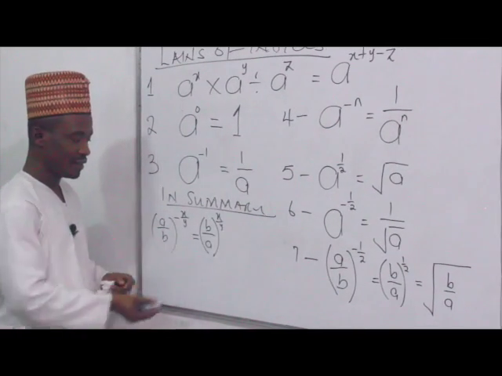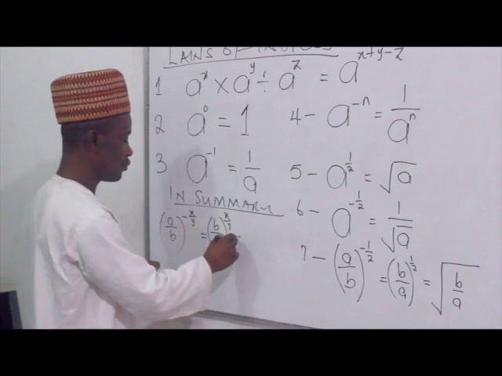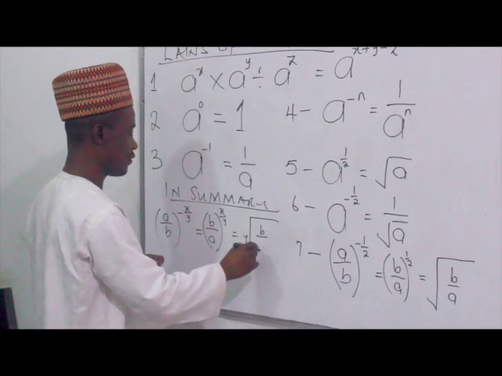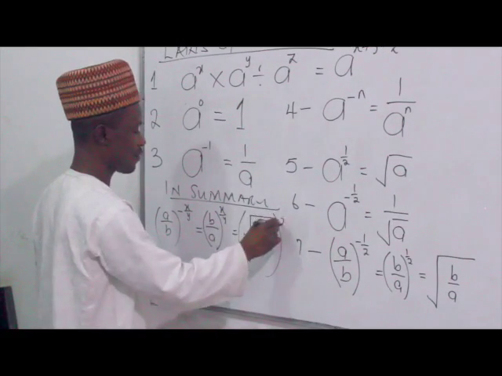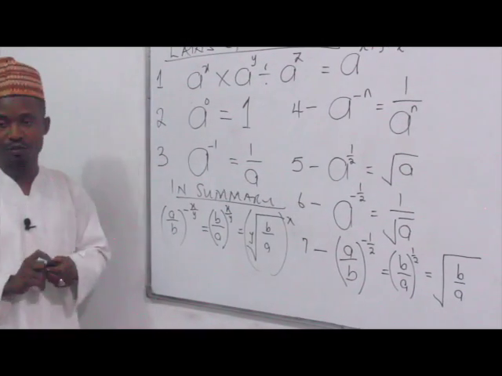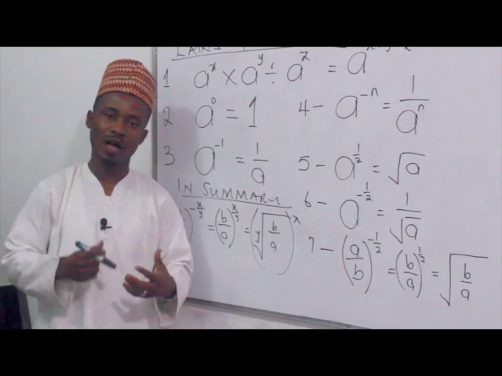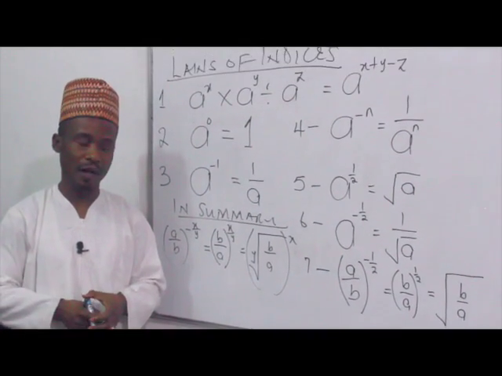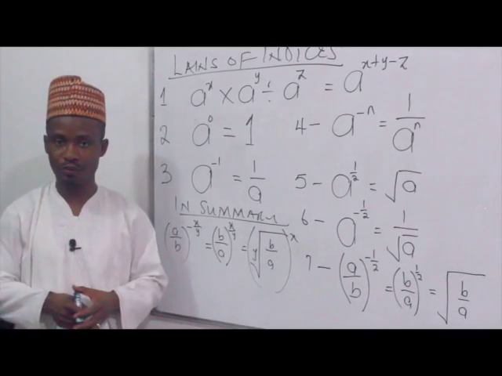Then to respect the fractional index, this would be the same thing as the y-th root of b over a all raised to the power of x. So with this, we can now solve, simplify or evaluate as many indicial expressions as possible.